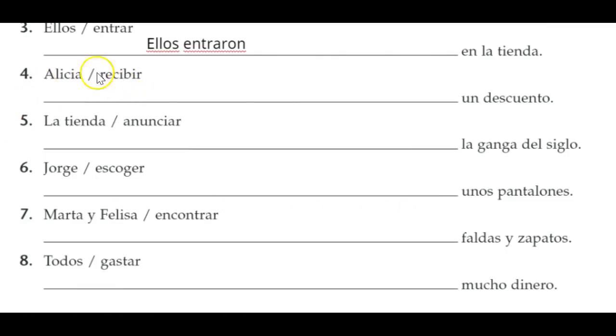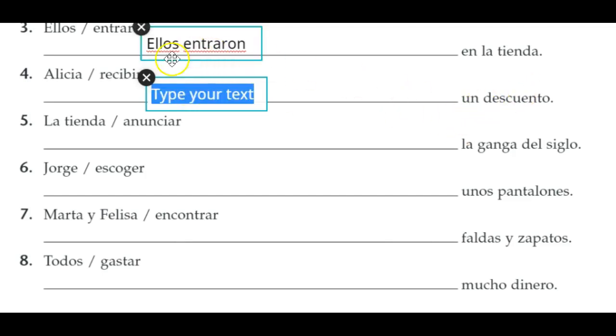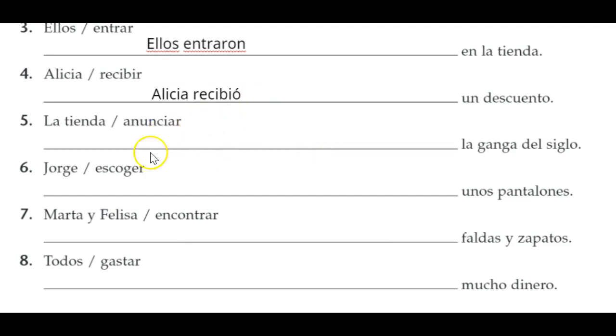Okay, Alicia, we're going to say that she received. Recibir means to receive. Un descuento. So she got a discount. Alicia recibió un descuento. La tienda, we're going to say the store announced, right?